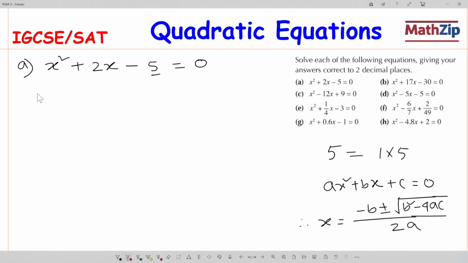So here we can write a means 1, because this x square has no coefficient. A is the coefficient of x square. Now b equals 2, because 2 is the coefficient of x, and c, this is minus 5.